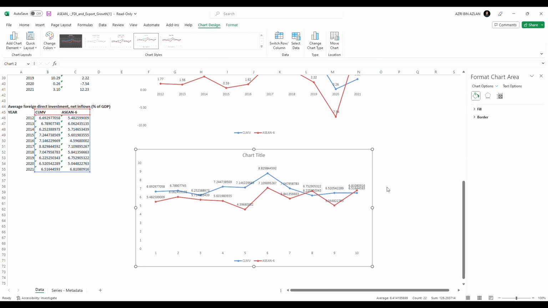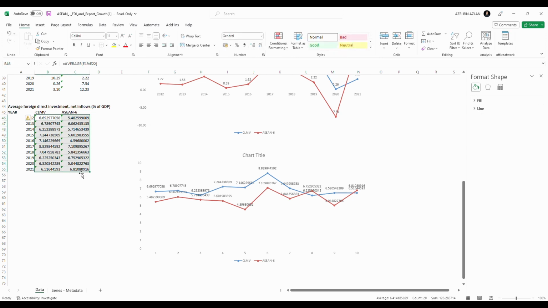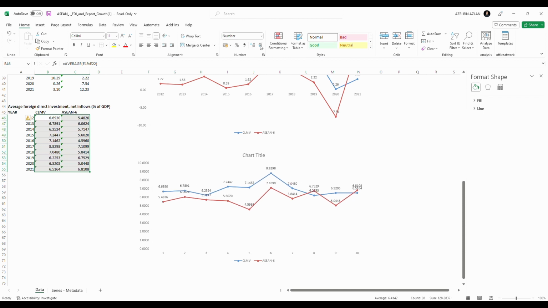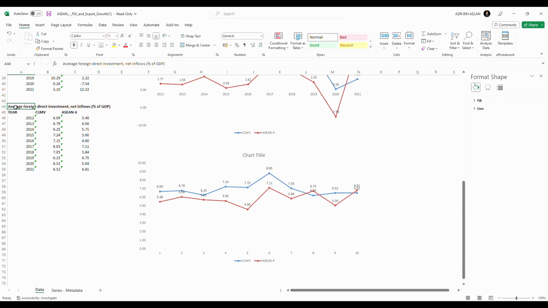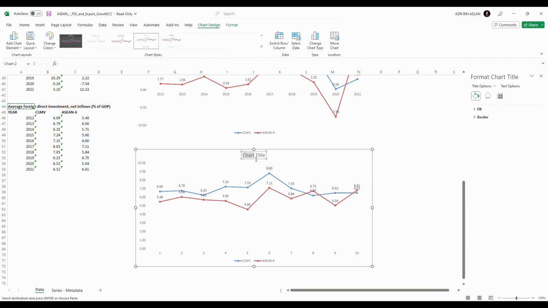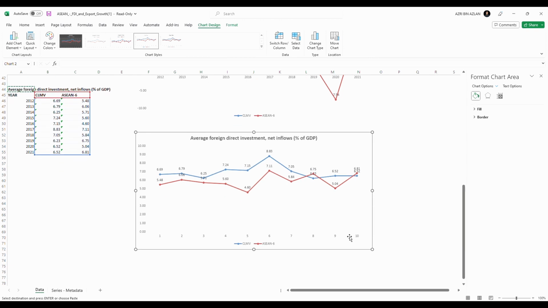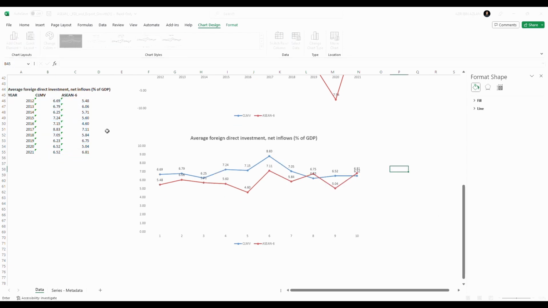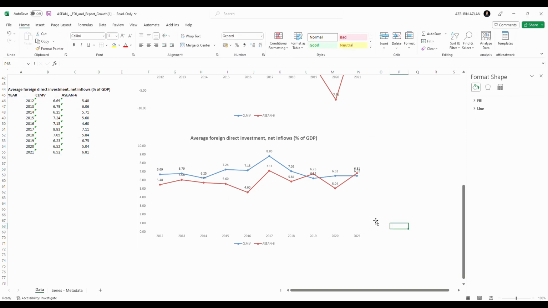And then we change the chart title and put the data label. Please take note that we decrease this to 2 decimal places. Alright. So yeah, these are the two graphs that have been prepared and portrayed by us.